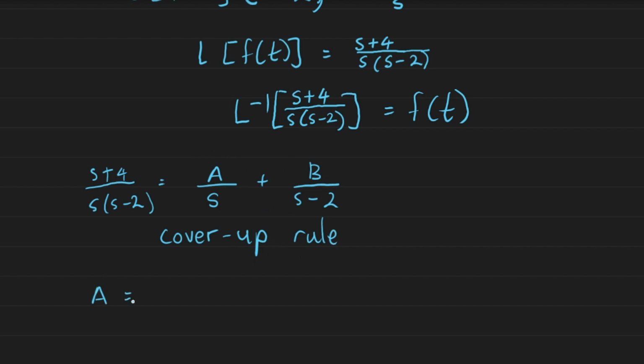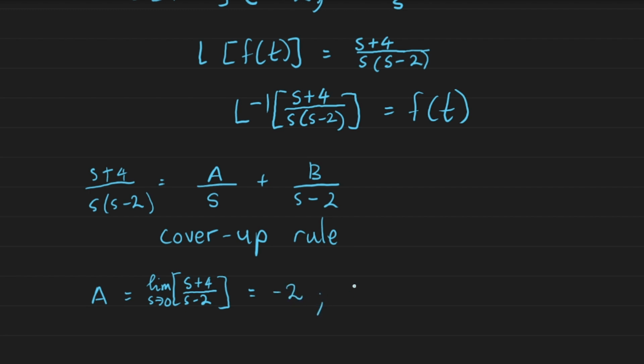So A is going to equal, firstly we block off s here, then what we're left with is (s plus 4) over (s minus 2), and we take the limit as s approaches 0, because we just have s here, so there's no number associated with it, so it's just 0. When we substitute that in, we get 4 over minus 2, which is minus 2.